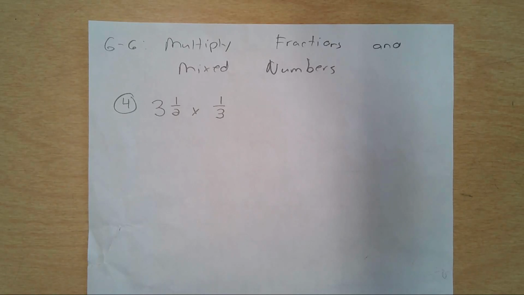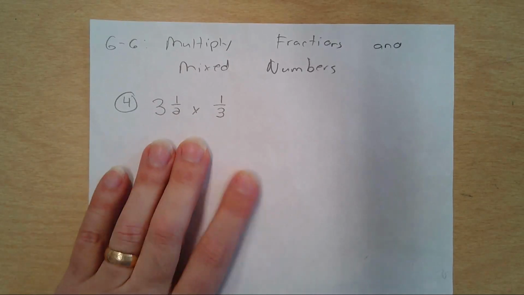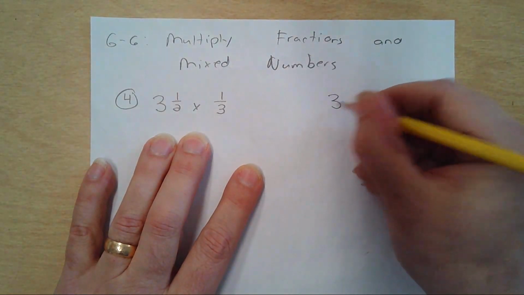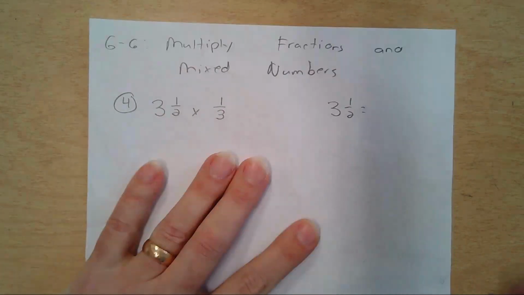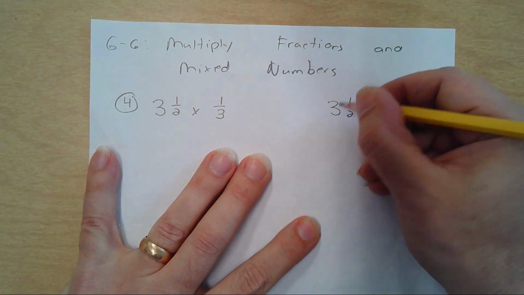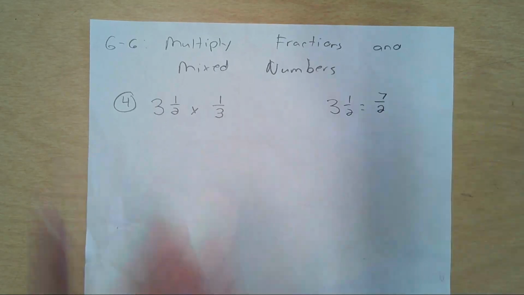So we're going to use what we just checked in 6-5, where if I say 3 1/2 here, and I want to convert that to an improper fraction, what would it be? Right, it'd be 7 over 2, because 2 times 3 is 6, plus 1 is 7, denominator never changes.